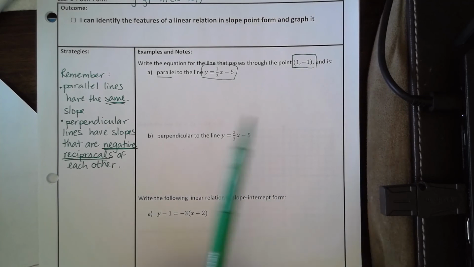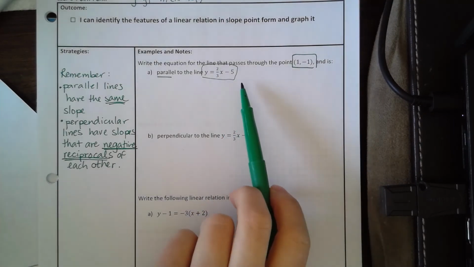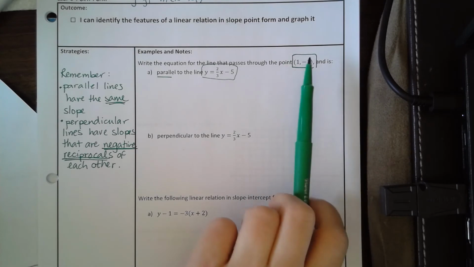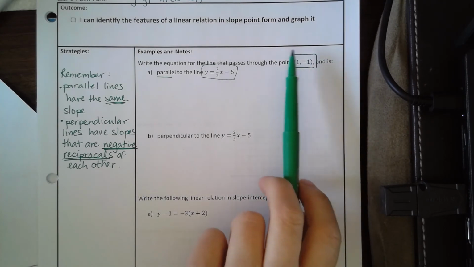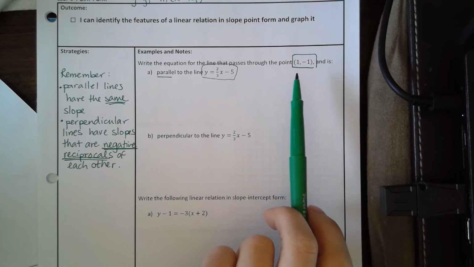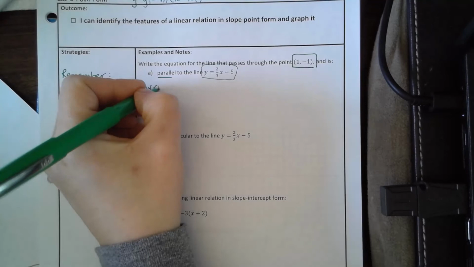We want to write the equation for a whole new line. This one's given to us in slope intercept form, but we won't know the intercept of the line that passes through this point. We do know that we have this point, so we can write something in slope point.